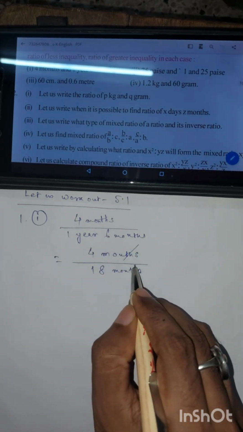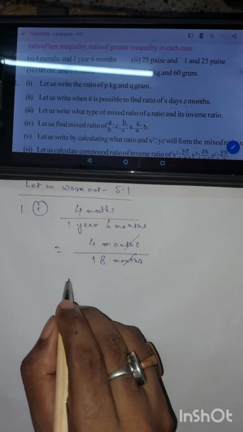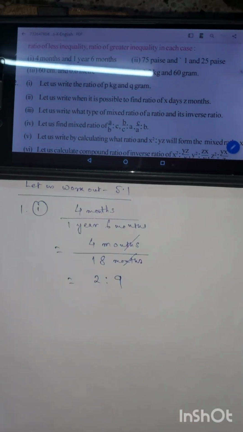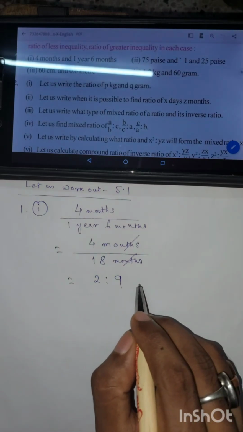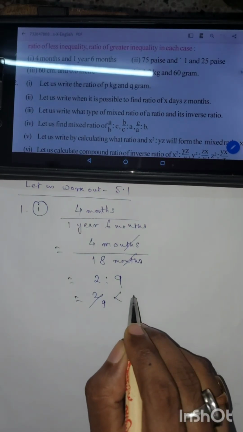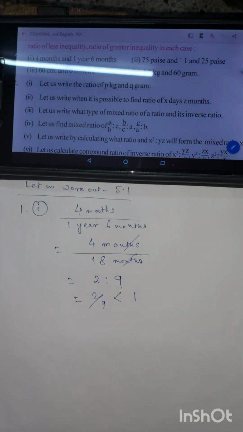So the units get cancelled and it becomes 2 is to 9. Therefore, we can say this is actually 2 by 9 which is less than 1. Therefore, this is ratio of less inequality.